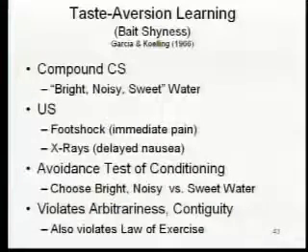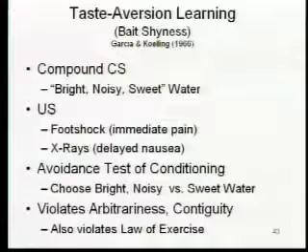And what Garcia and his colleagues did was to bring this phenomenon of bait shyness into the laboratory in a particularly interesting experiment. The experiment is really set up as a kind of classical conditioning experiment, though as you'll see in a minute, it has a kind of instrumental conditioning quality to it as well. In this experiment, the subjects, which were laboratory rats, were exposed to a compound conditioned stimulus while they drank water.